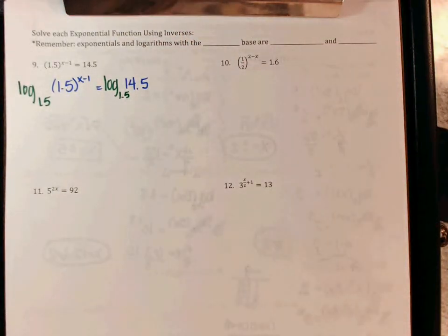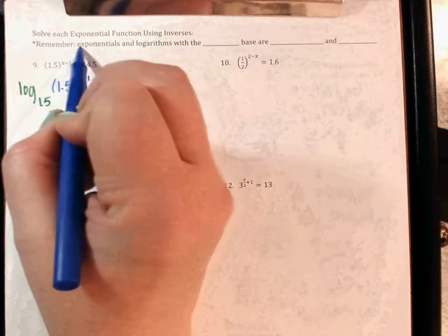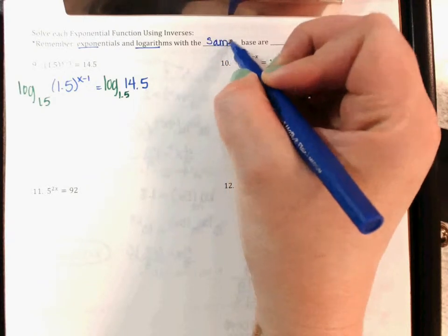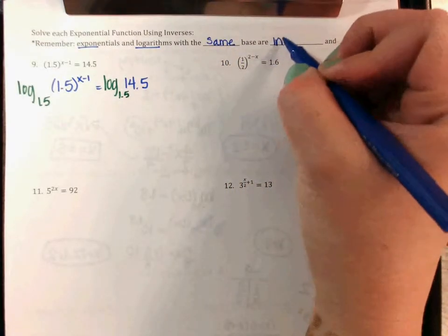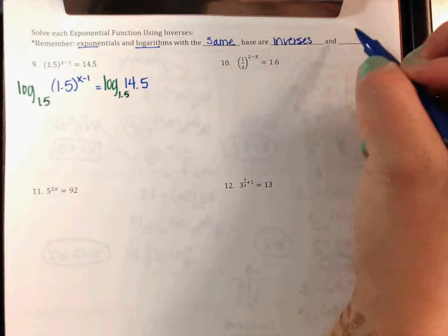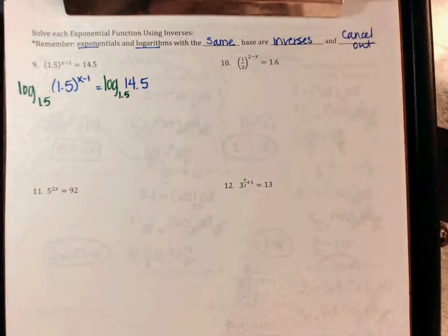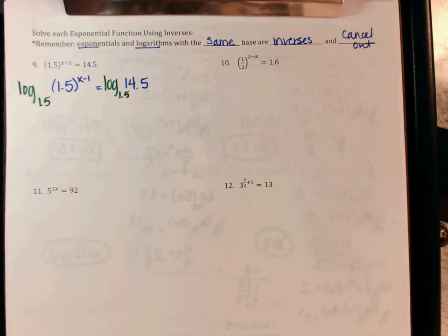And then remember, why do we do that? Okay, you can fill in the blank right here, because exponentials and logs with the same base are inverses, and that means that they cancel out. So the reason that we do that is because then they're inverses to each other and they cancel out, just like on the other side they were canceling out.